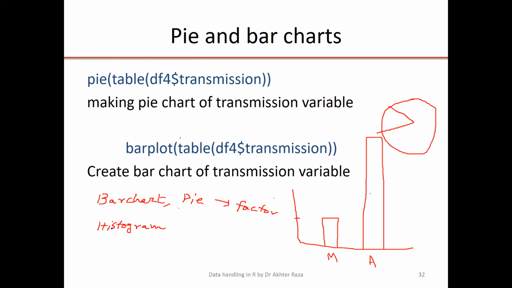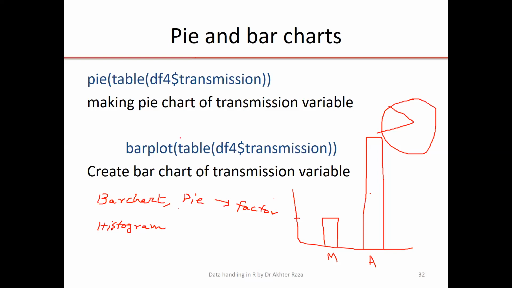But if I want to construct the histogram of mileage by transmission, I need two variables. One variable is mileage, for which the histogram is to be constructed.